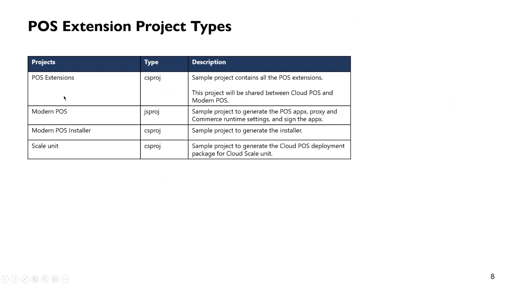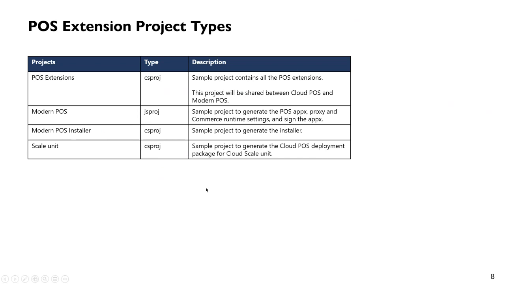One, your extension project, where you're going to contain all your business logic for the extensions. Next is the Apex project, the JS project, where you're going to create your Apex file, because MPOS is going to contain the Apex file. That's what gets deployed. Then to deploy the Apex file with CRT and other DLLs, you're going to create the installer.